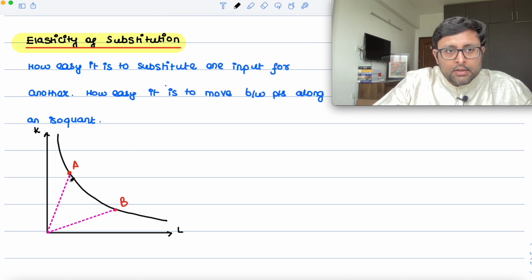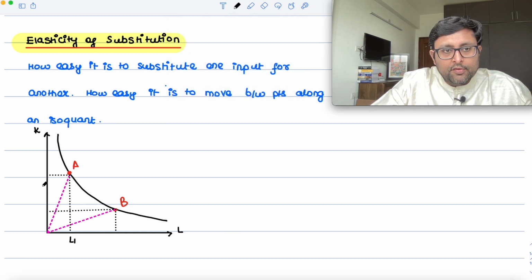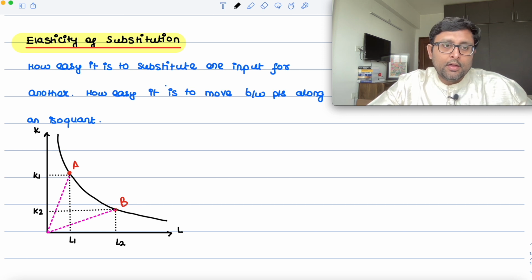This is the amount of labor input, this is the amount of capital input at point A. This is the amount of labor input, this is the amount of capital input at point B. This is what it is, right?